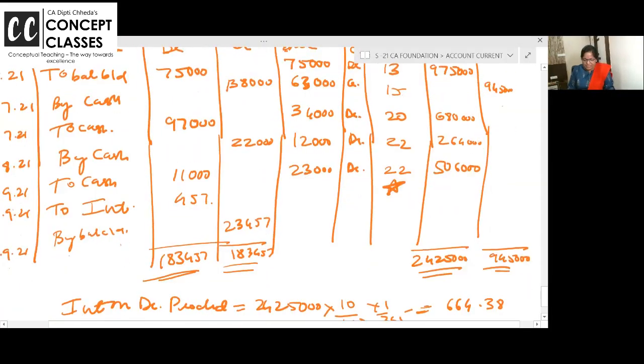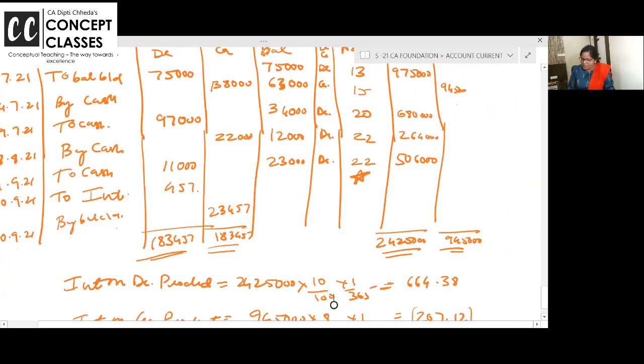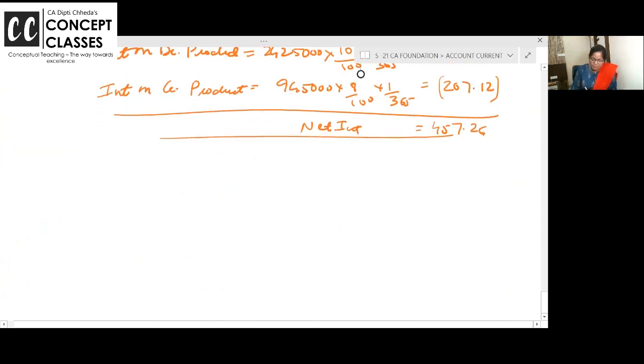First, the routine ledger. Date, particulars, amount, date, particulars, amount. Routine ledger. Problem number 7: Rahman's current account with Allahabad Bank.